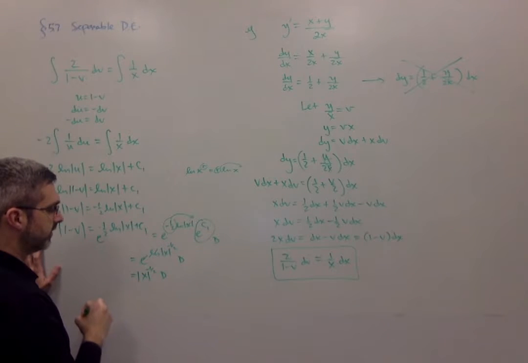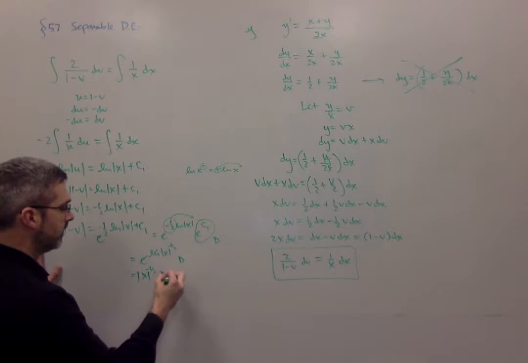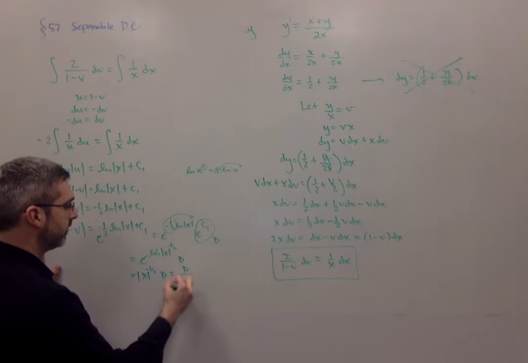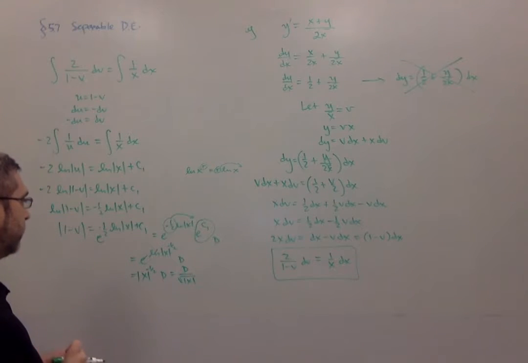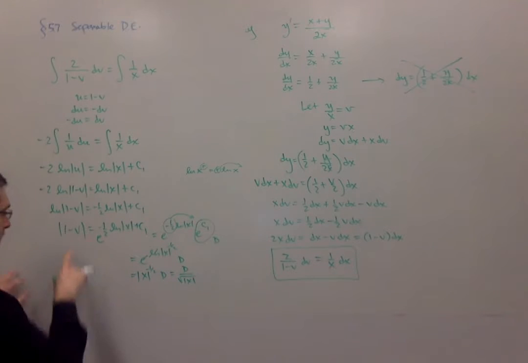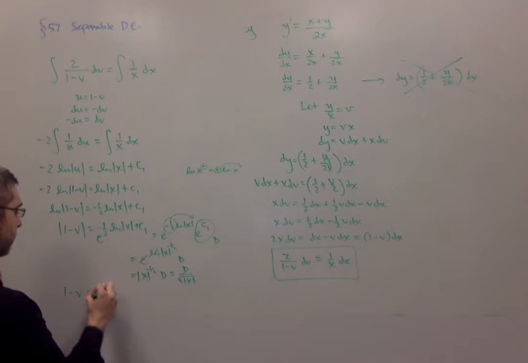Okay, I should have an absolute value there, which is really d over the square root of absolute value of x. All right. Now we're going to drop the absolute value like we normally do. And we're going to get a plus or minus d.